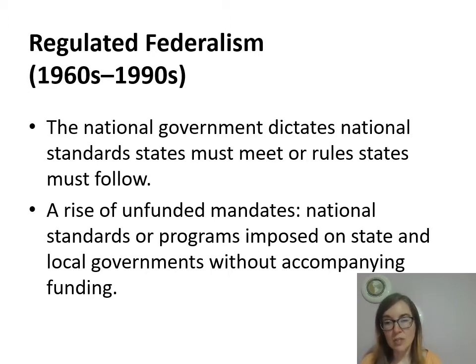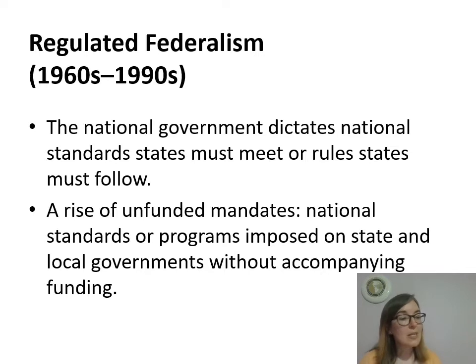So it is this big transfer of funding from national to the state level. And as state and local budgets became more and more dependent on federal funding, it gave the federal government a lot of leverage to dictate national standards, because now they could simply threaten to withhold funding.